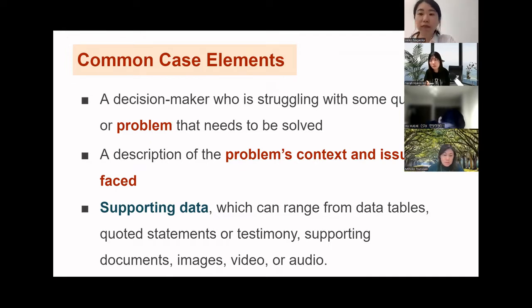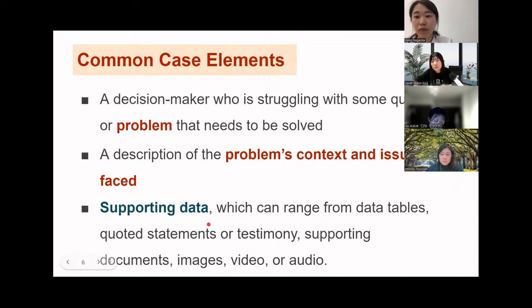So quoted statement, okay? Statement means some saying, Mr. Chan said something. So sometimes it's a fact. We have to pick up, we have to understand. Okay? Or supporting documents, images, and so on. So that is common. Describe the situation, and then with some image, we'll look into Forefront.